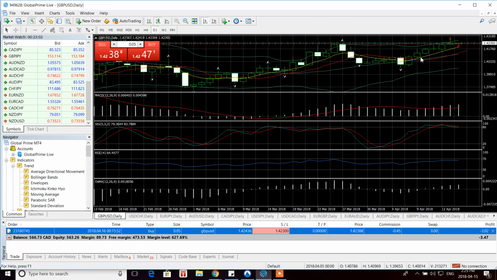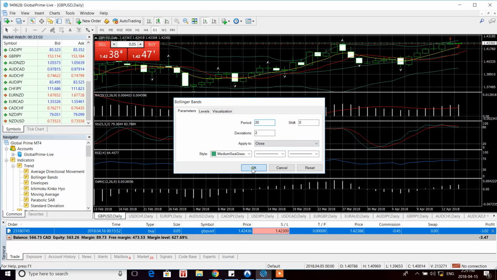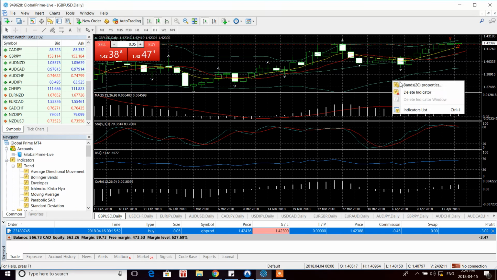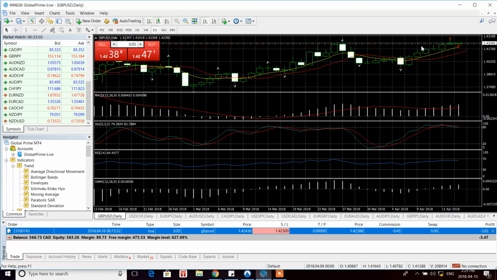This is where we got into, because this shows going up, this shows going up. The lines aren't touching together. Let's take this Bollinger Band off there. It's not part of the system.